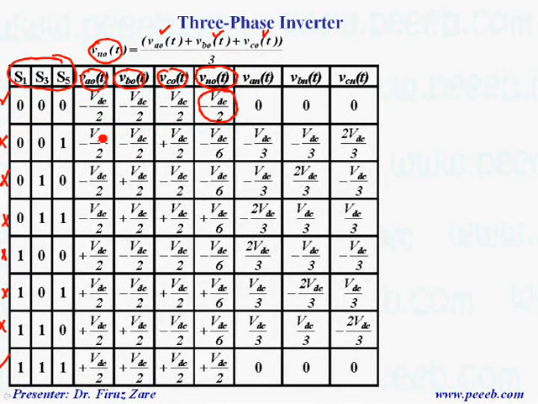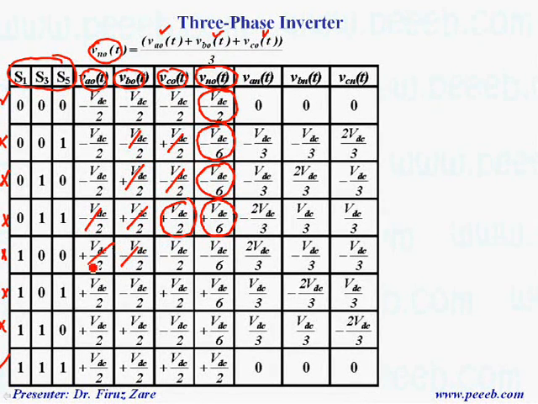If you add these voltages, this one can cancel, so minus VDC divided by 3 is minus VDC divided by 6. In this case, this one and this one cancel, which is given here. In this case, this voltage and this voltage are cancelled, and here VDC over 2 divided by 3 is VDC divided by 6.